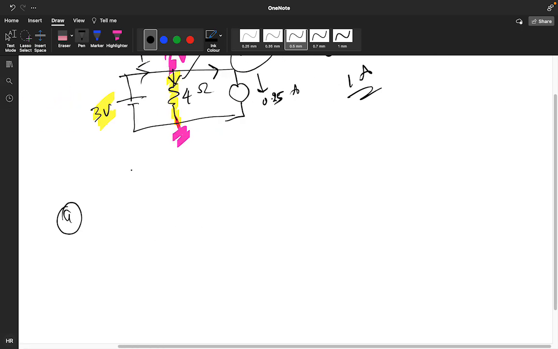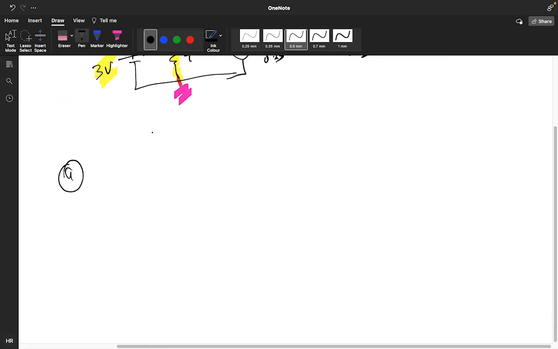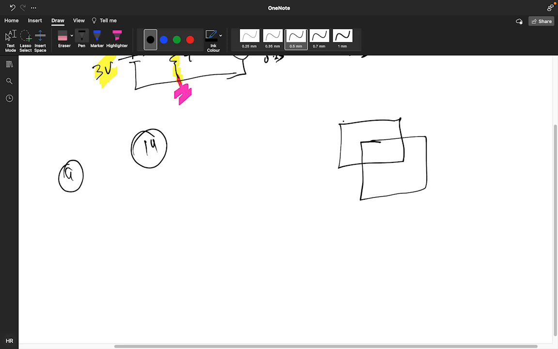Now the story of question number 19. Question number 19: 12 resistors of 1 ohm are used as edges to form a cube. A cube is like this. I hope you remember the first class.